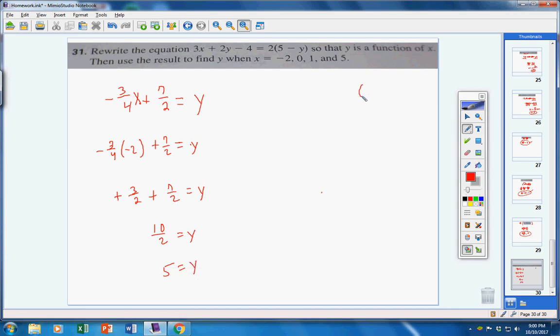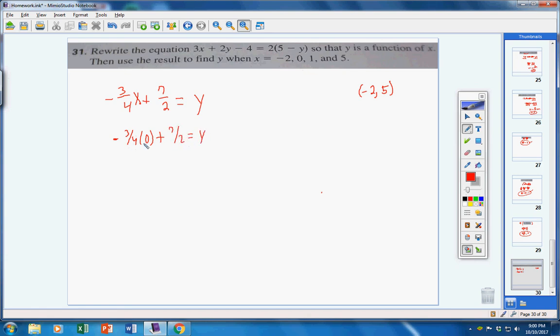So when x is -2, y is 5. Okay? Next, let's substitute 0 in for x. -3/4 times 0 plus 7 halves equals y. 3/4 times 0 is 0. 0 plus 7 halves is 7 halves. So when we put 0 in for x, we got out 7 halves, or 3.5 if you want.